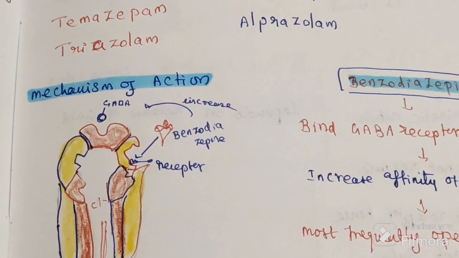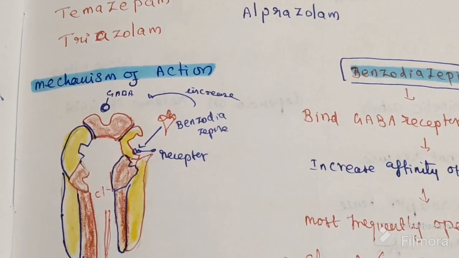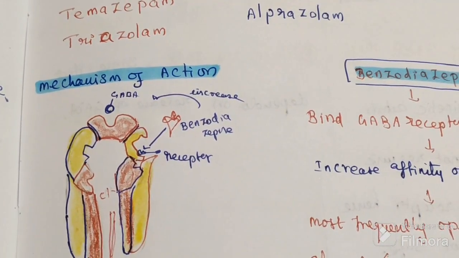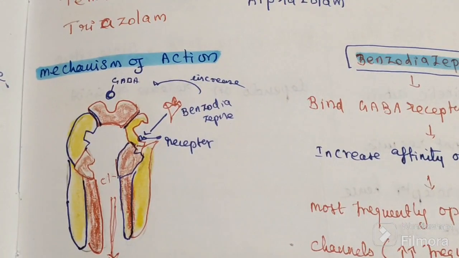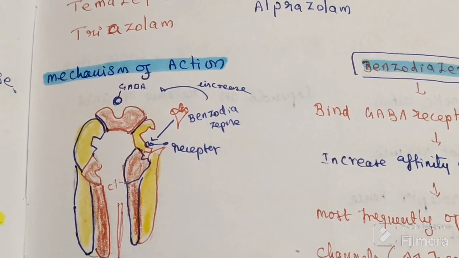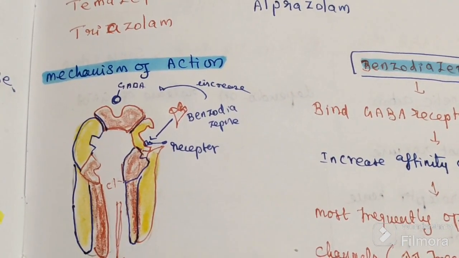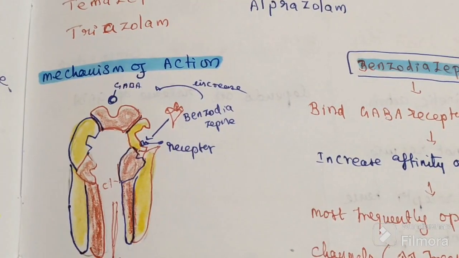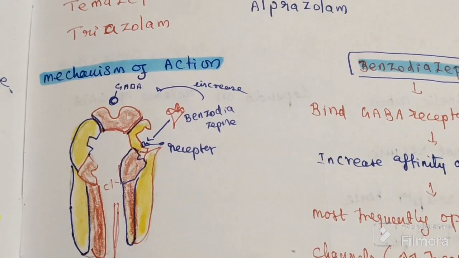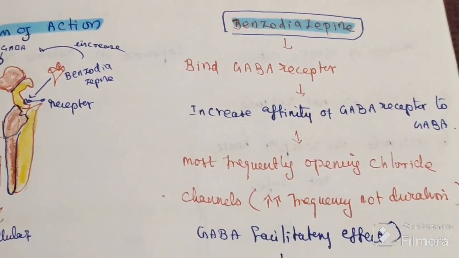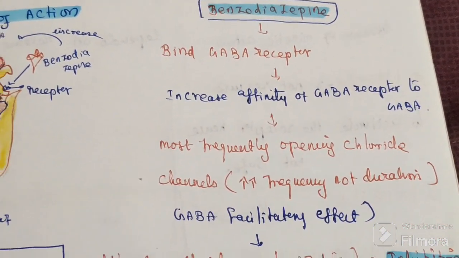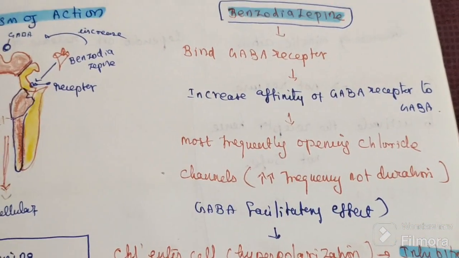So facilitatory and mimetic actions are both present in barbiturates, but here only the facilitatory action. This one does not open the chloride channel, just augments GABA's action. So this is the mechanism.